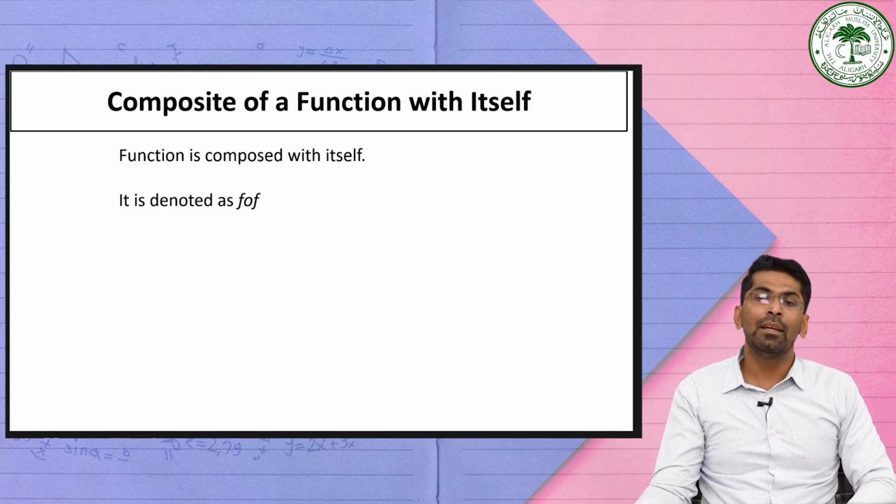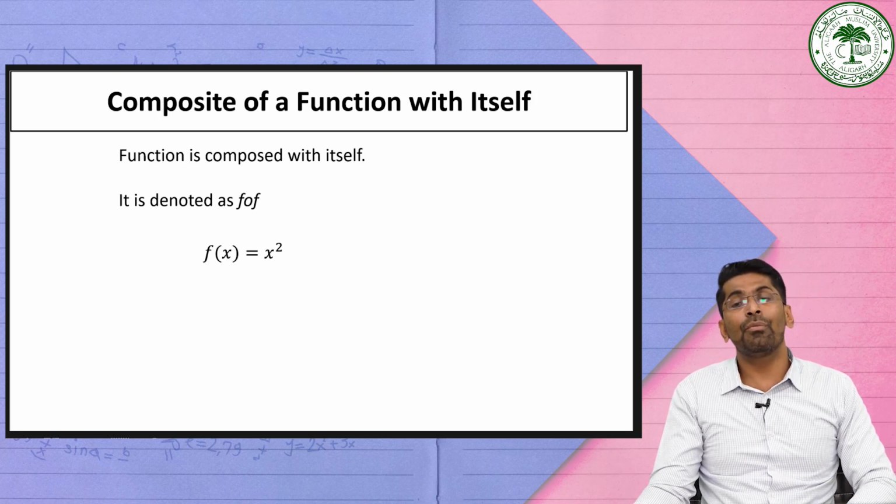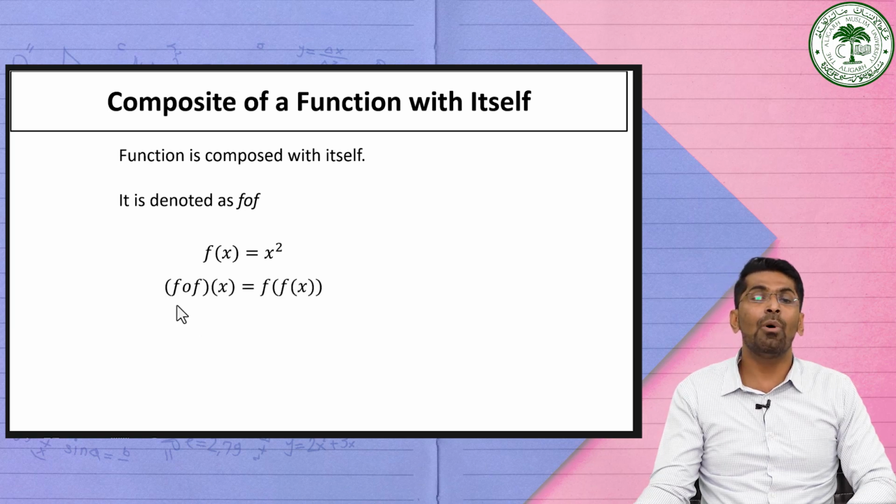For example, given f of x is equal to x square, the composition of f with itself, f of f of x, is found by substituting f of x into the function. Instead of x we substitute x square, so it will be x square whole square, and if you open the bracket, it becomes x raised to the power 4.